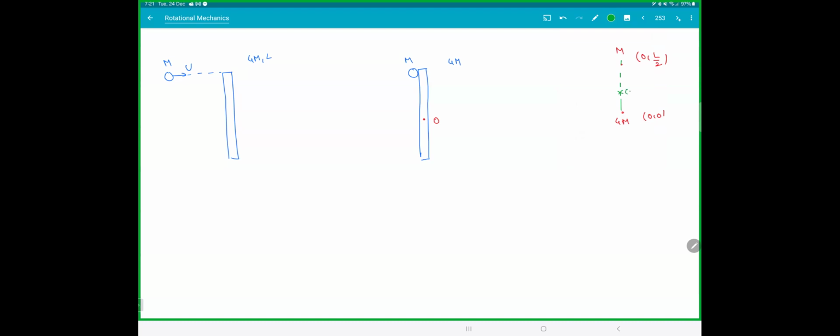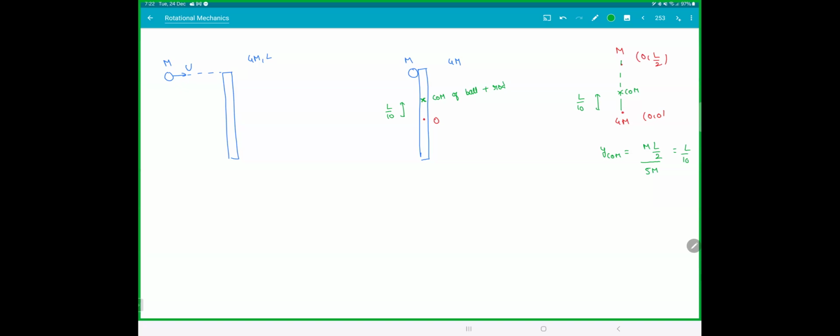The center of mass is somewhere here, which will be M into L by 2 by total mass, L by 10. So the center of mass of the system is somewhere here. This green one is the center of mass of ball plus rod. This is at a distance of L by 10.